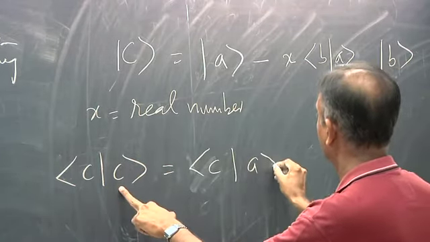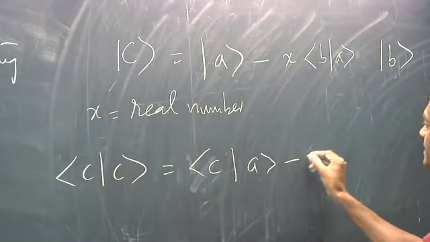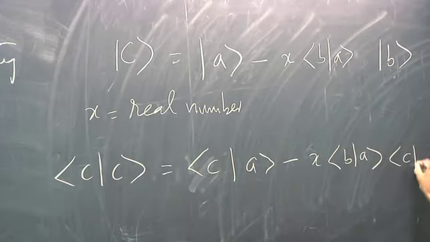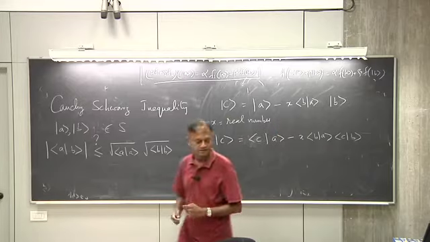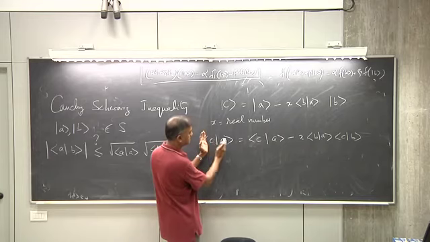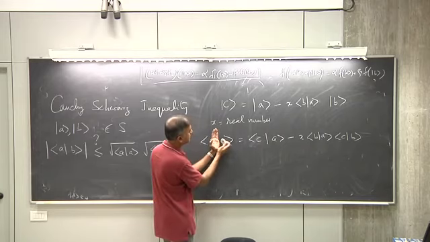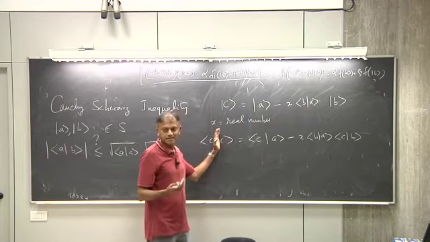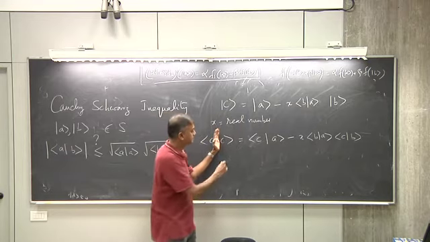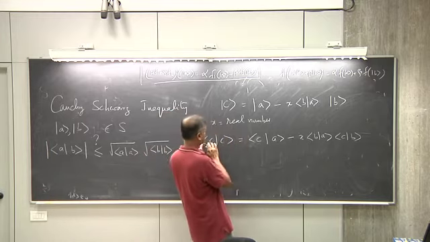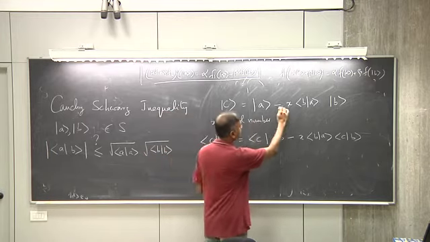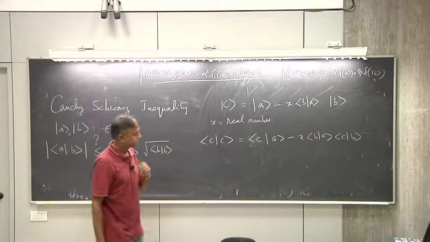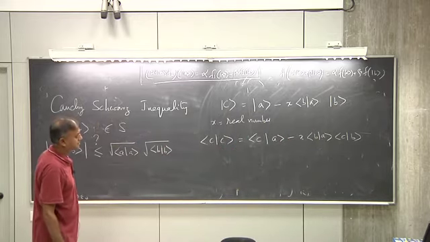I keep the first C as it is, and in the second slot I use the fact that C is this, and then I use the linearity of the scalar product. Linearity gives you C with A minus x times (B with A) times C with B. That's right.